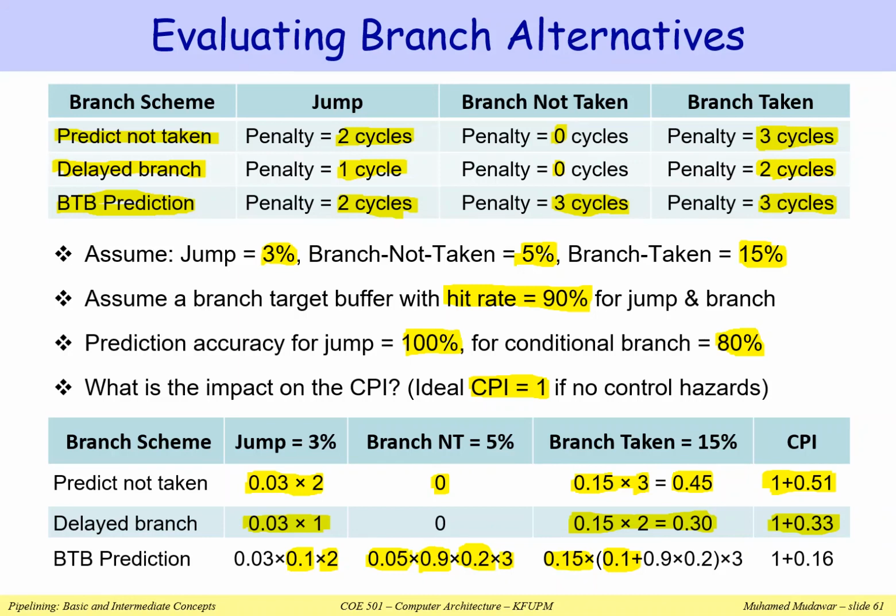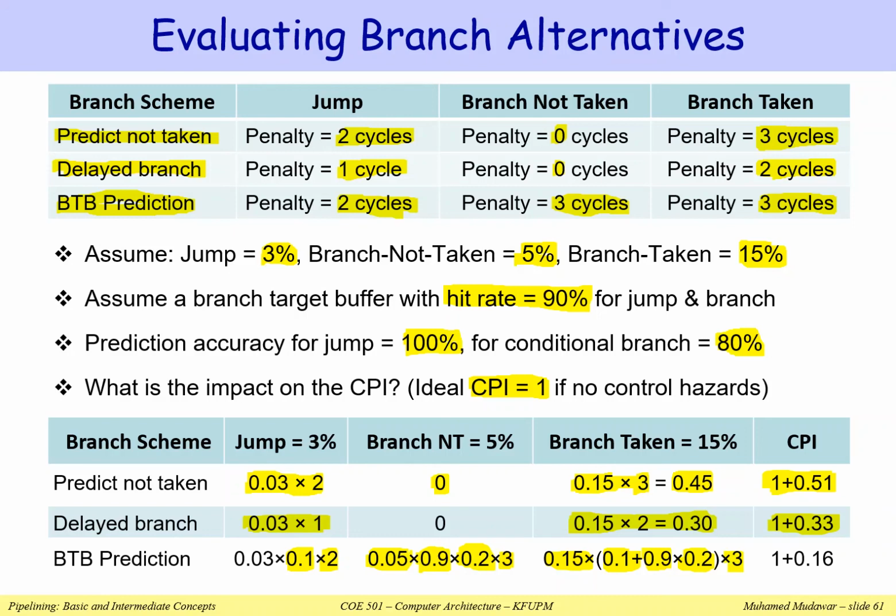So here we have a misprediction. Or the branch was found, so 90% is the hit rate. So the entry was found in the branch target buffer, but we have mispredicted the branch to be not taken, although the branch should be taken. So we have these two cases, and then we multiply by the penalty, which is equal to 3 cycles.